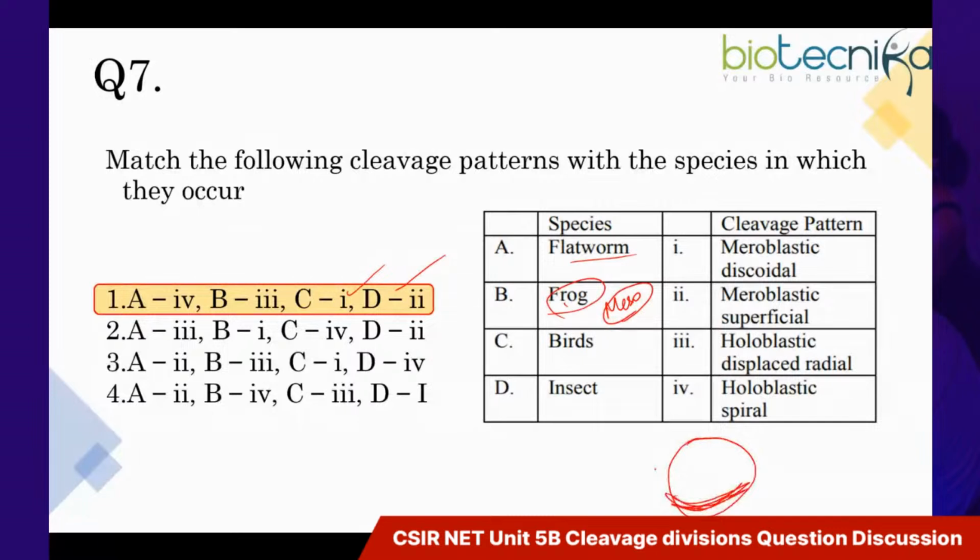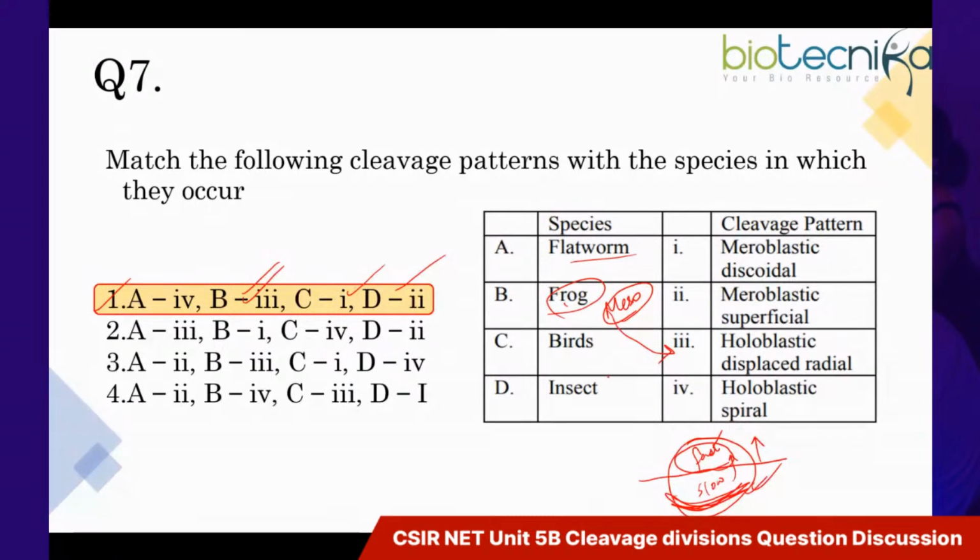So the top portion of the embryo will divide fast, and the bottom portion will be slow. As a result, the cleavage is slightly displaced towards the top. It will happen at the bottom but slowly. So frog will be option 3, and flatworm is holoblastic spiral.